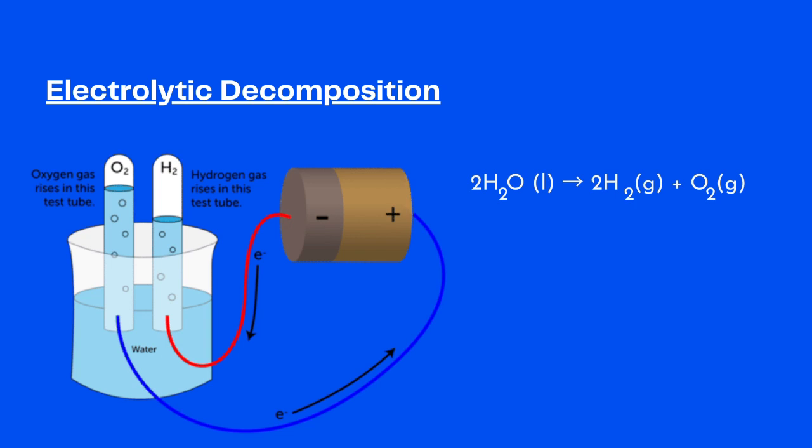In the anode we see oxygen is collected, and in the cathode we see H2 is collected. This is the decomposition of water into H2 and O2 by the effect of electricity. So in the equation we write it as 2H2O in liquid form gives 2H2 gas and O2 gas.